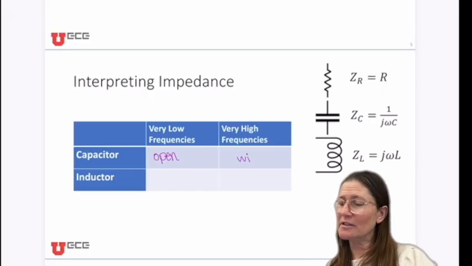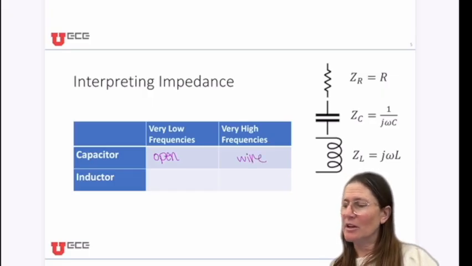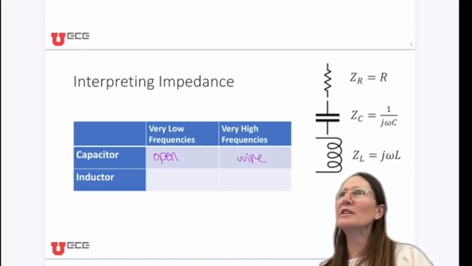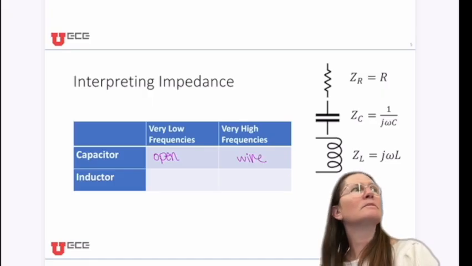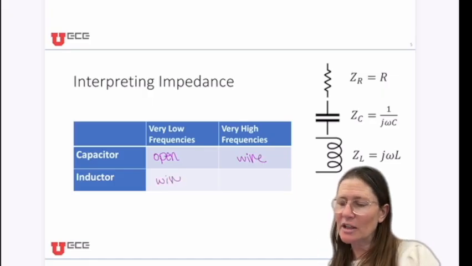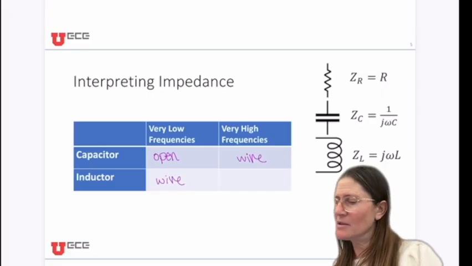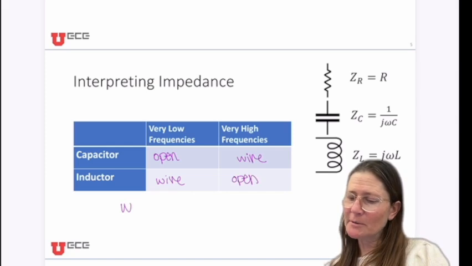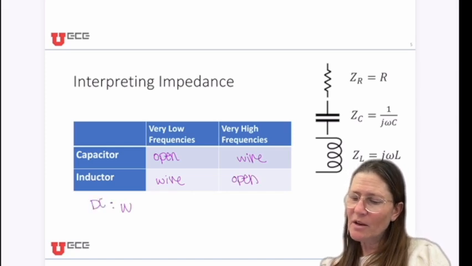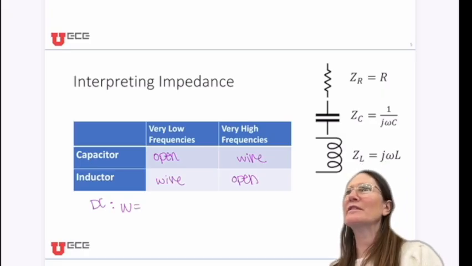A wire, because it will go to 0. For the inductor, what happens? At a very low frequency, it looks almost like a wire, and then at high frequencies. Okay, so for DC, what is your frequency for DC?